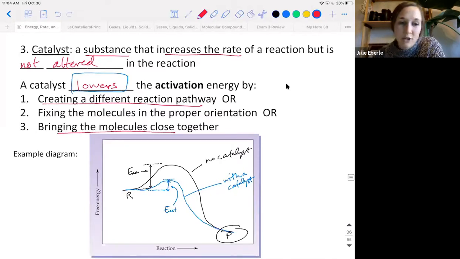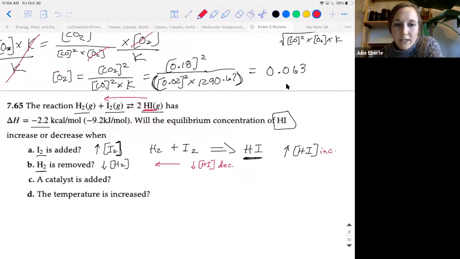It lowers the activation energy, but it doesn't cause a shift in equilibrium. It just causes the reaction to go faster. So this is a trick question and nothing happens. HI, our product, the concentration will stay the same. We might reach equilibrium faster, but we're not going to change the concentrations of anything at equilibrium.